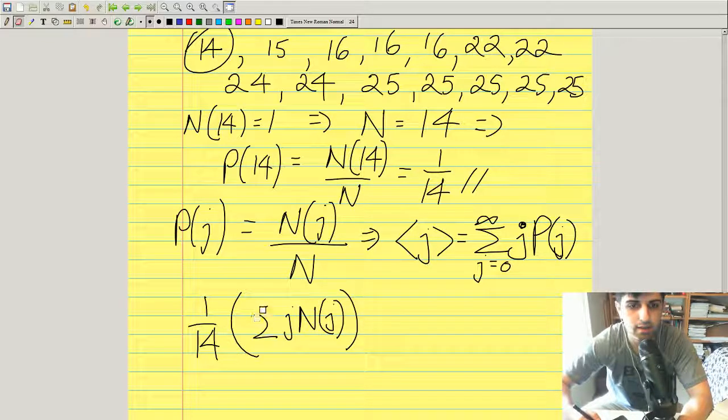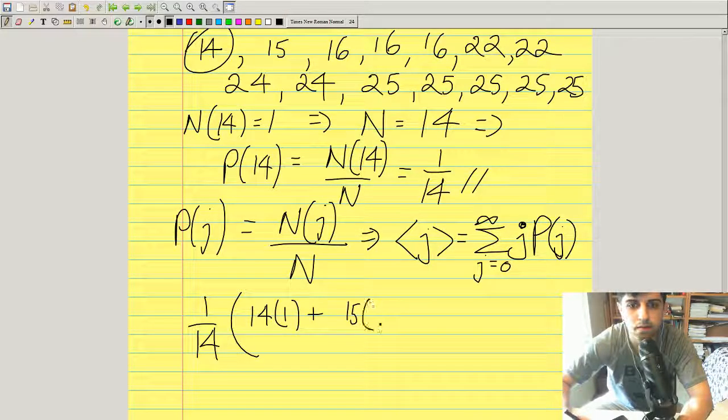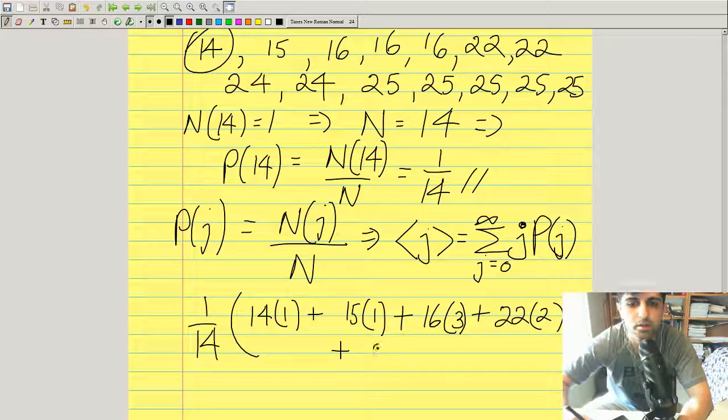Okay, so in that case, it would just be 14 by 1 plus 15 by 1 plus 16 by 3, because there are 3 people at 16, and 22 by 2, and you keep going, 24 by 2, and 25 by 5.